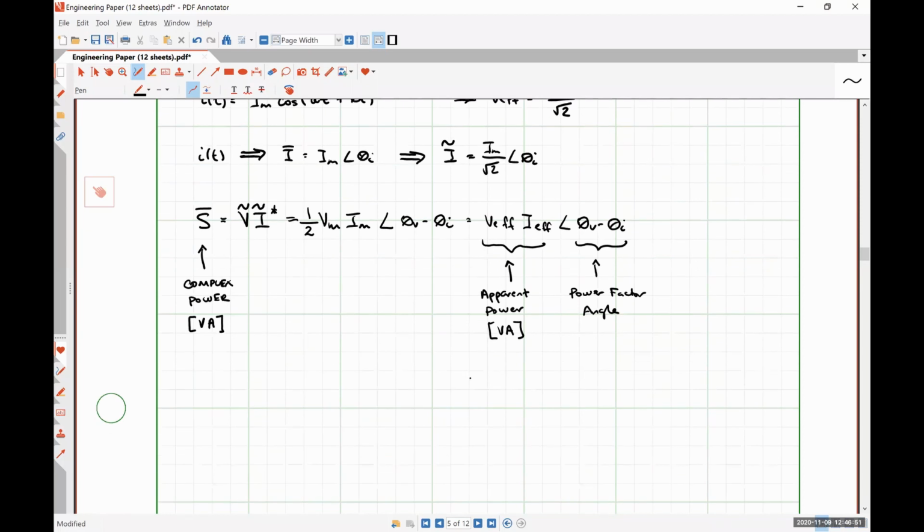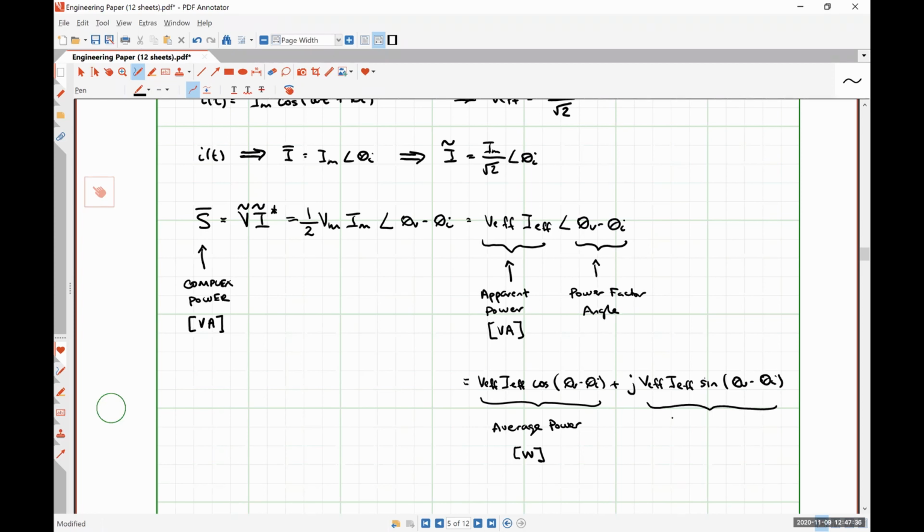If we put it in rectangular form, using good old Euler's identity, we have V effective, I effective, cosine theta V minus theta I plus j, V effective, I effective, sine theta V minus theta I. Where this whole guy right here is the average power measured in watts.